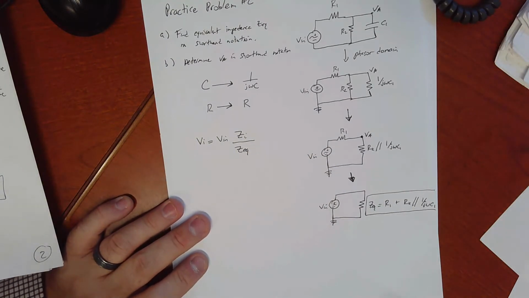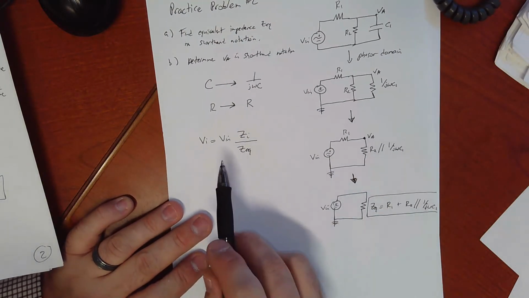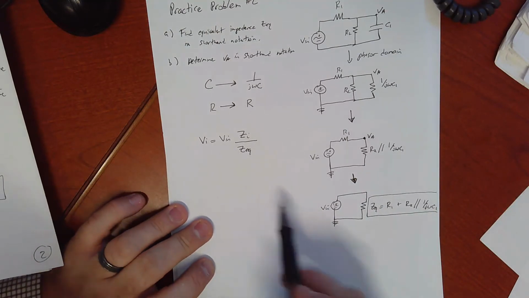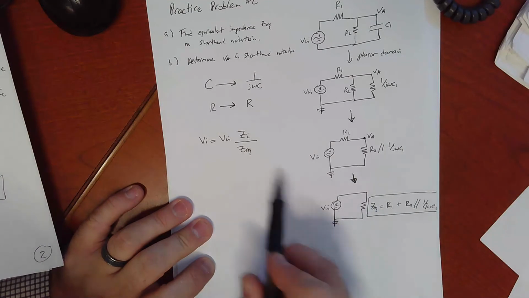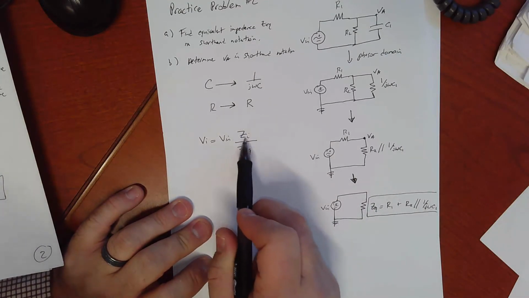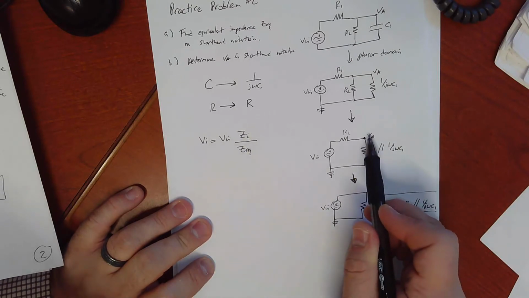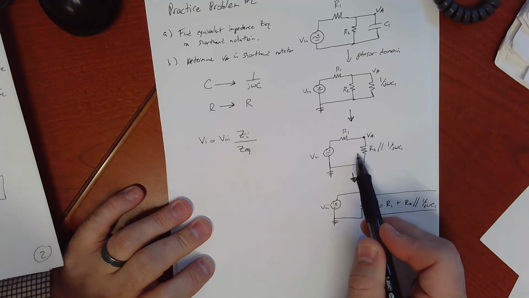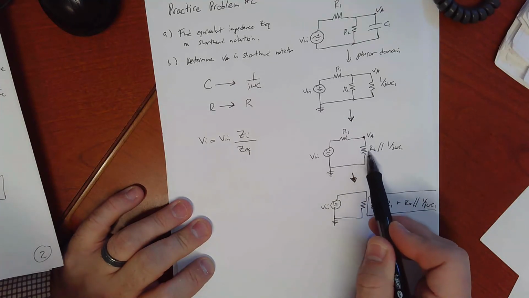Just like resistance, we just replace R with Z here. Same rules. So we know Vn, we know the equivalent impedance, and now what's the impedance we're measuring across? Well, V sub A is measured with respect to ground, so it is measuring across these two elements in parallel. So Z sub I is going to be this value.